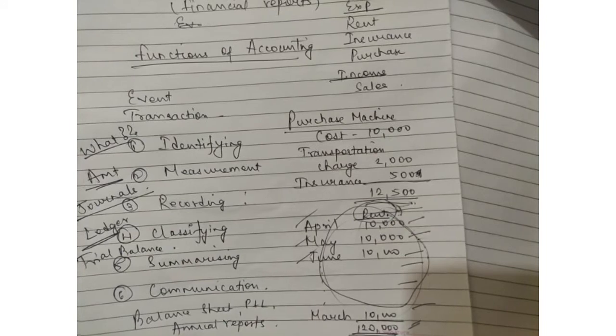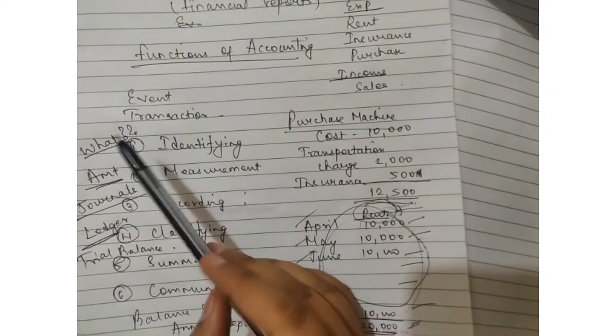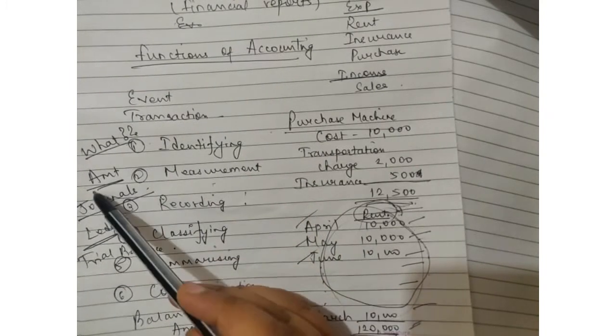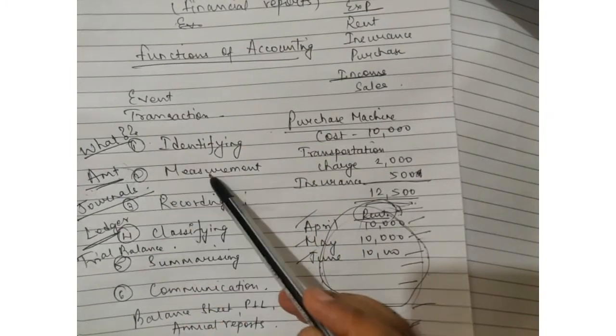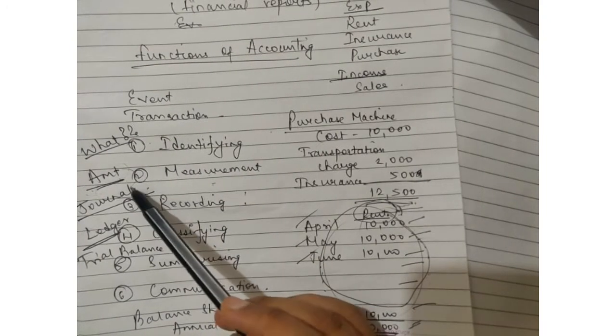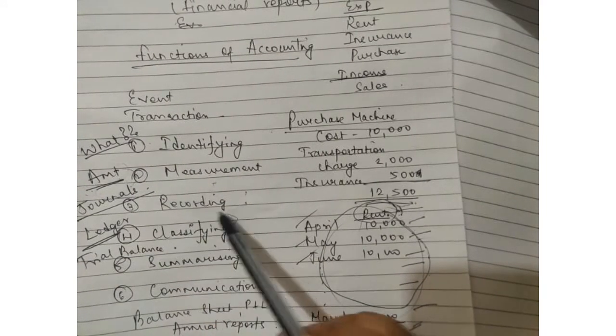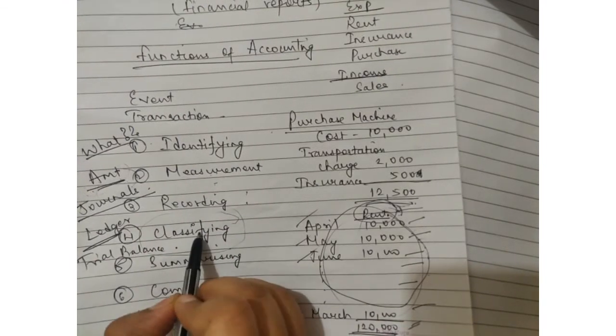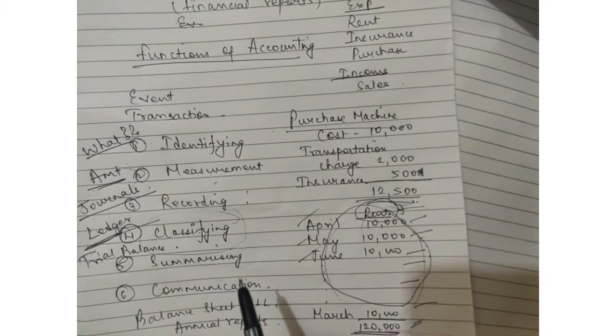So, the functions of accounting is first to identify what transaction to record, then determine at what amount the transaction has to be recorded, then actually recording that transaction in the form of journals, then the individual transactions of similar nature are classified and grouped in the form of a ledger.